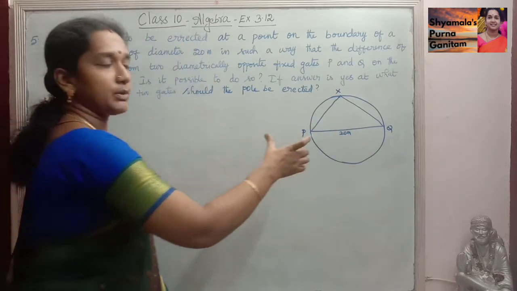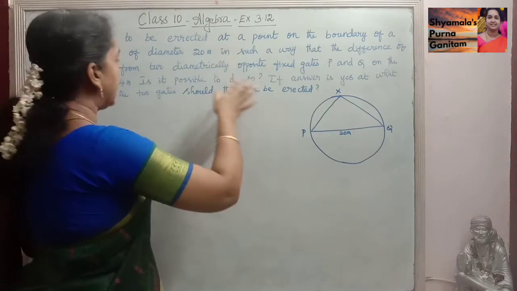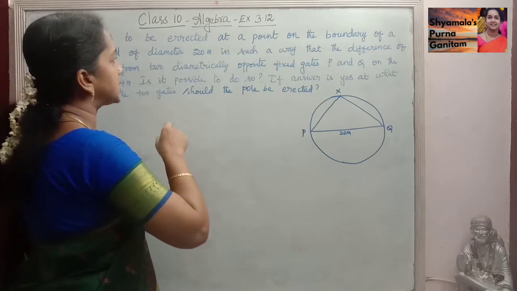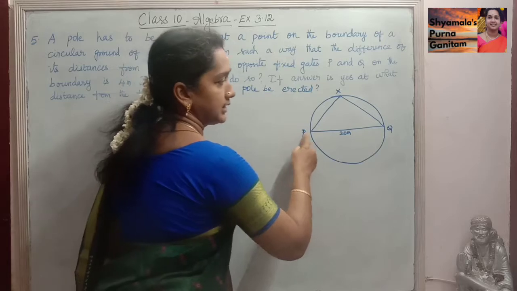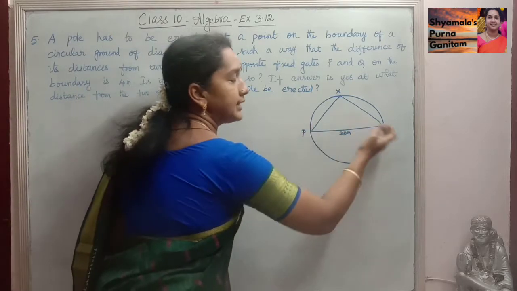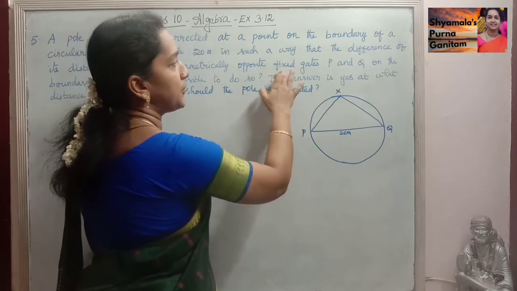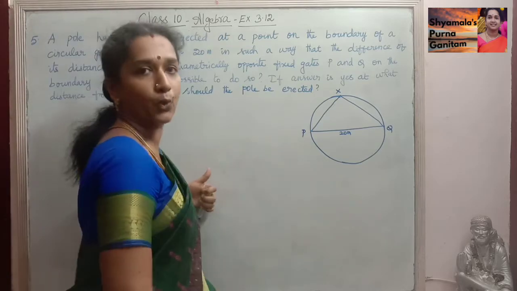The diameter of the park is given as 20 meter, in such a way that the difference of its distances from two diametrically opposite fixed gates P and Q on the boundary is 4 meter.